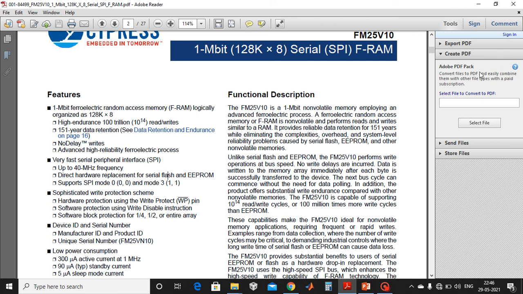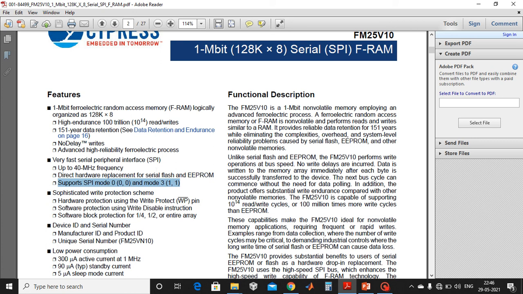Before going further, I want to clear one thing. I have gone through the datasheet of this device, and I found some conflicts between the SPI mode given in the datasheet and the timing diagrams given in the datasheet. Both do not match.